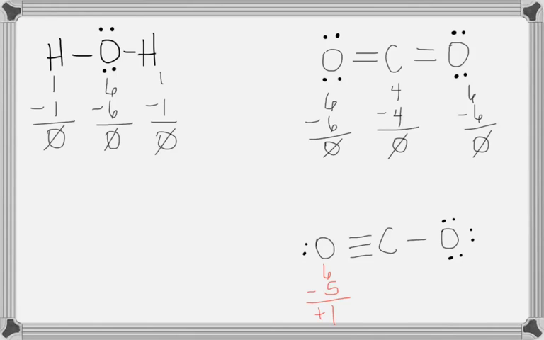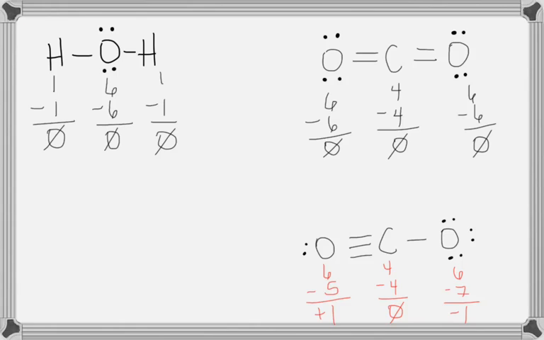What about the carbon in the middle? What minus what? It's 4 minus 4. What about the oxygen on the right? 6 minus 7, so it gives you -1. 6 minus 7 is -1. You okay with those three formal charge numbers?